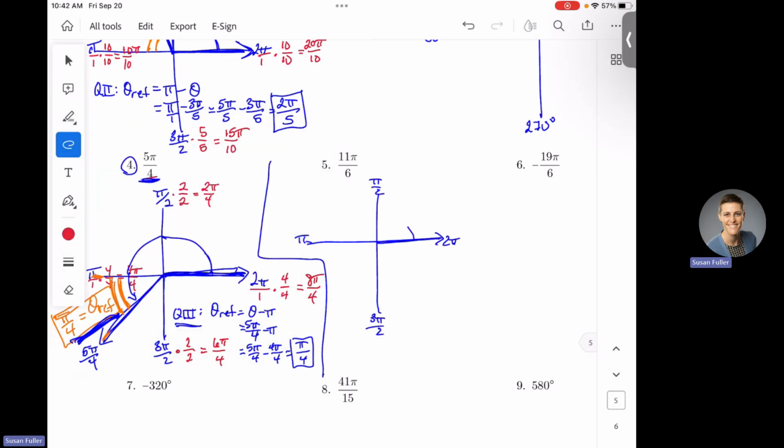What would our common denominator be here? Yep, it's going to be 6. So my original angle already has a denominator of 6. So I just have to multiply each of my landmark points here by something to get a common denominator of 6.